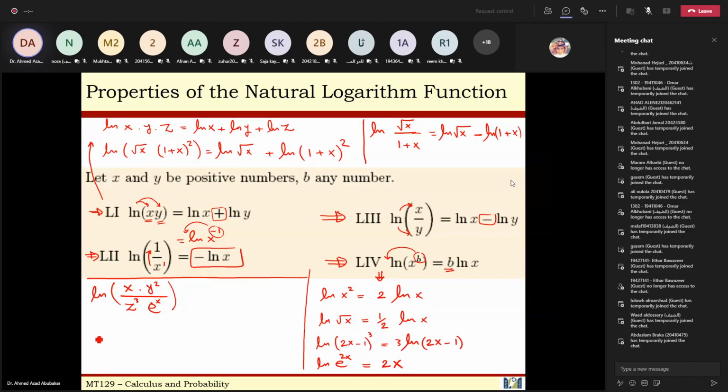We can distribute the ln on the numerator, ln x plus ln y squared, and distribute on the denominator. But if we distribute the ln on the denominator and we have multiplication in the denominator, we must put negative ln z cubed and negative ln e to the power x. So this is negative ln, this is in the denominator. Positive ln, this is in the numerator, multiplied together. Okay?